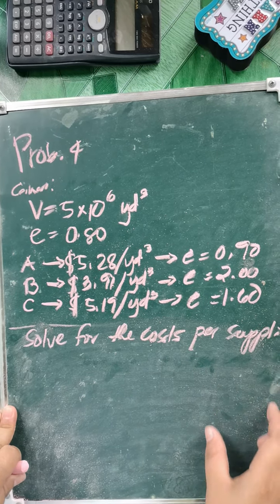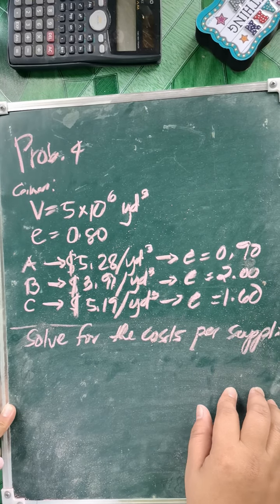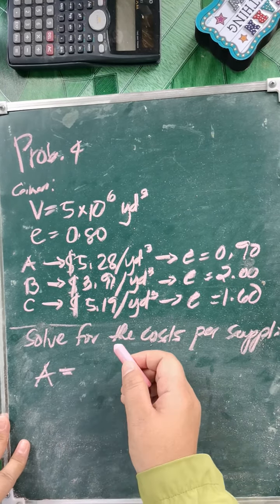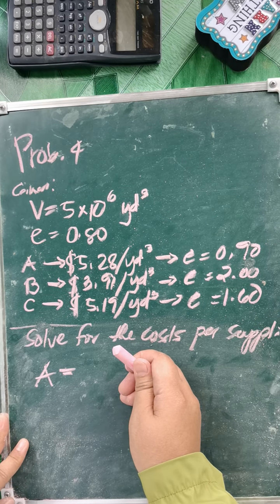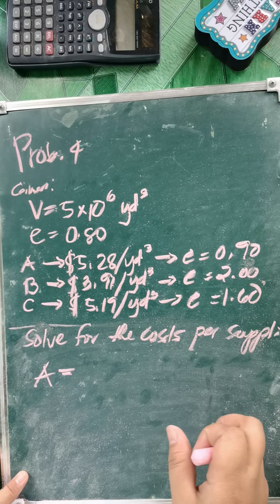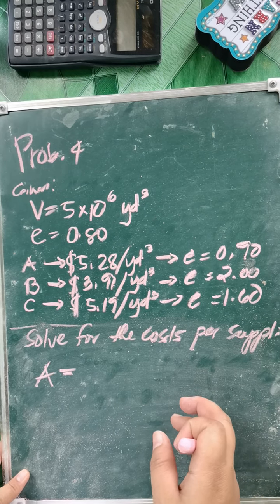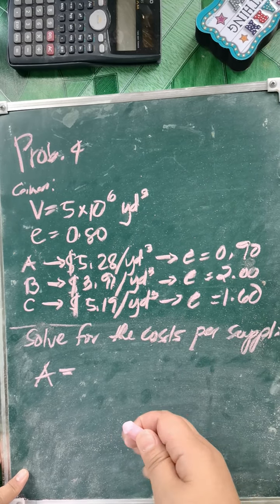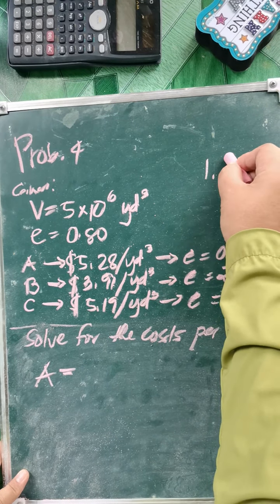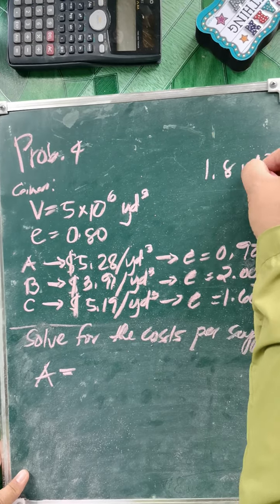From the computed values a while ago, for supplier A, we have the ratio of the volume of fill to the required volume of 1.8.